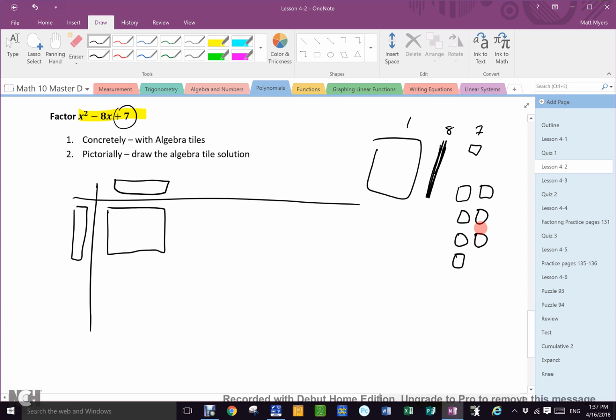But what shape do those have to make? They've got to fit into this rectangle, don't they? What is the only way I can get 7 things into a rectangle? What's the only way I can do it? Remember, a rectangle has a length and a width. What is the only way I can make this area in here, when it draws, 7?